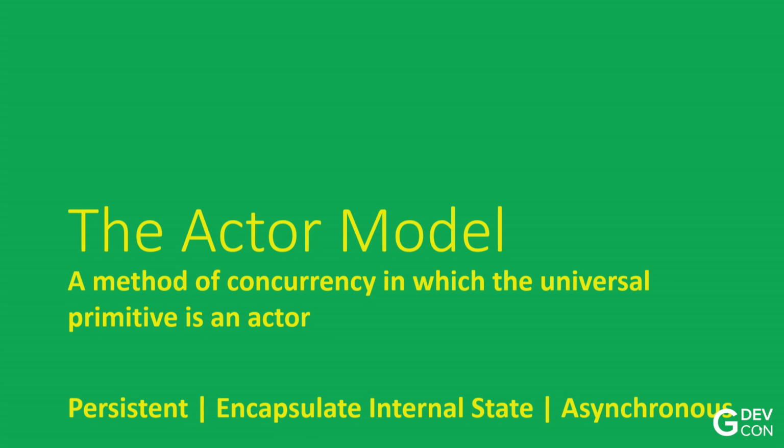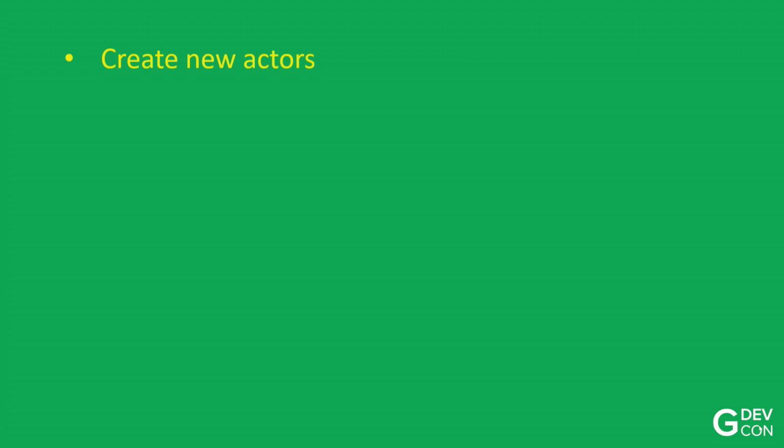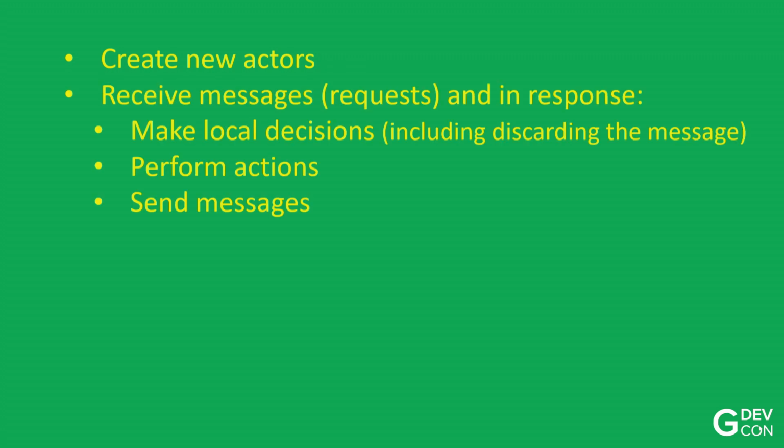And the primitive of being an actor, well, typically we can define an actor as a process which is persistent, encapsulates internal state, and is asynchronous. Now, there's a couple of other things which we say actors should be able to do. They are to launch a new actor or create a new actor.